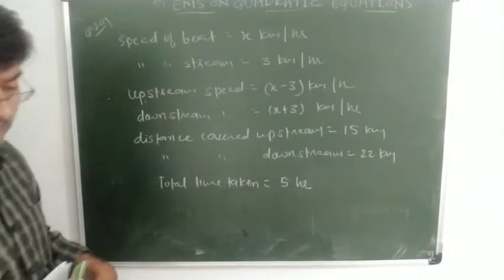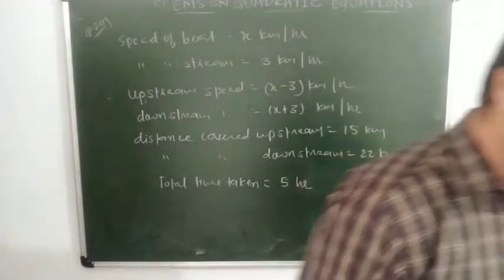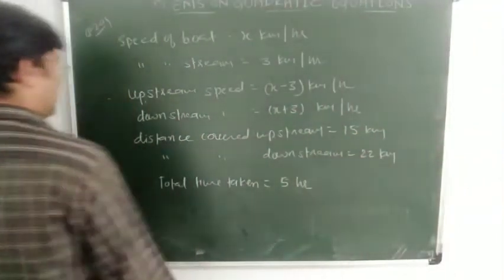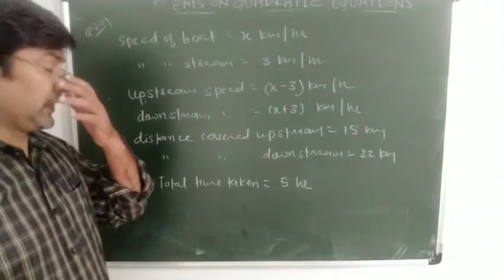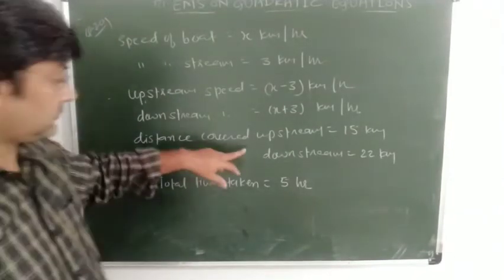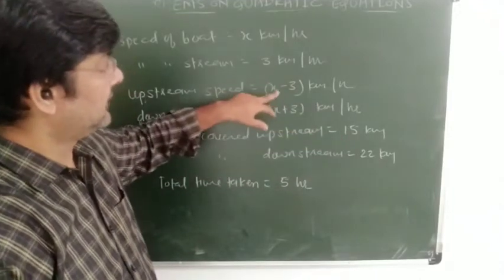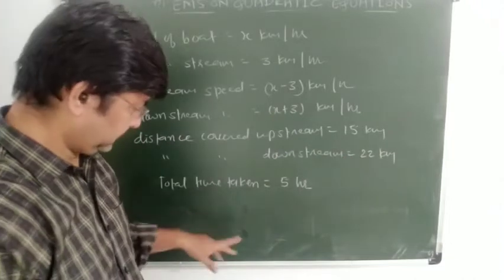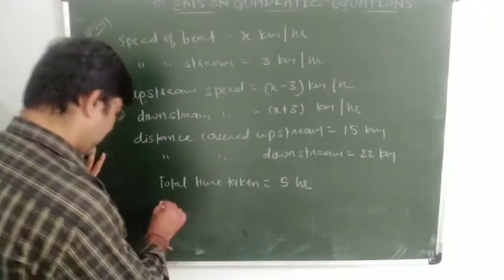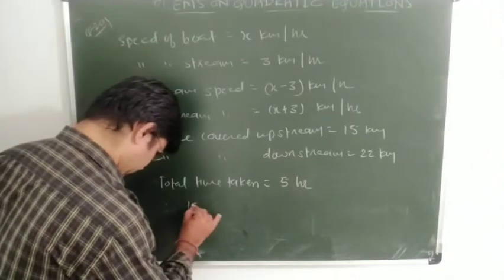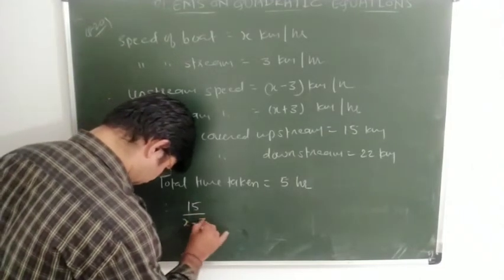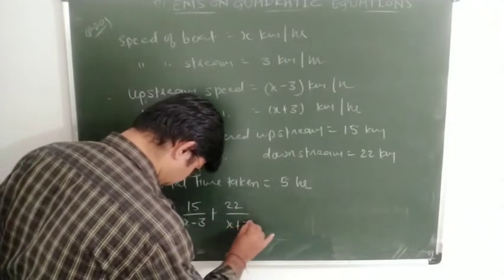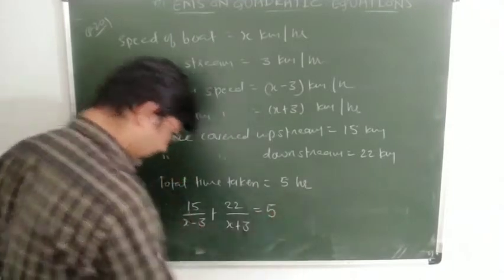Okay, so now we can make the expressions for time, and we will add the two times such that the total time taken is 5. Obviously, time is distance upon speed. So for upstream, 15 upon x minus 3 plus 22 upon x plus 3 will give you 5 hours.